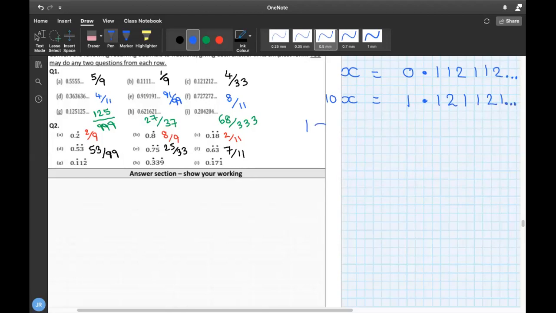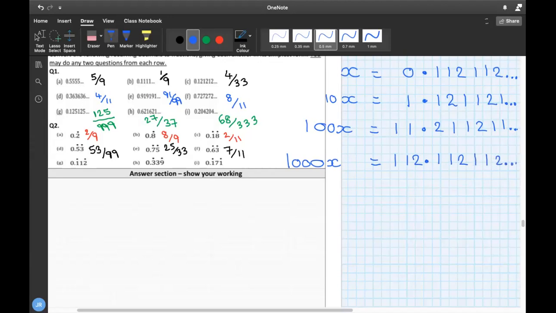Let's try 100x. So there we would have 11.2112. That doesn't work either. Let's try 1000x. So now the values are going to move down 3 times. So we've got 112.112112.